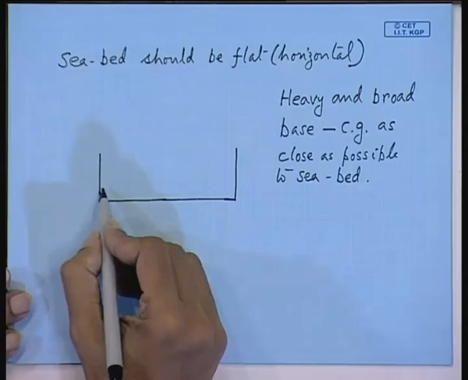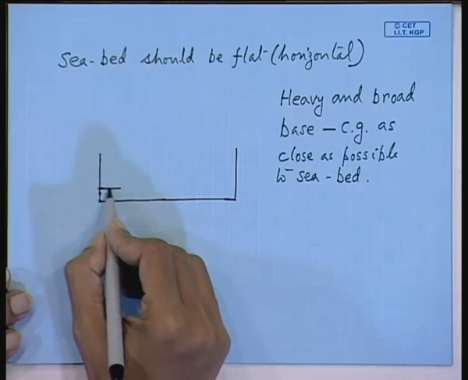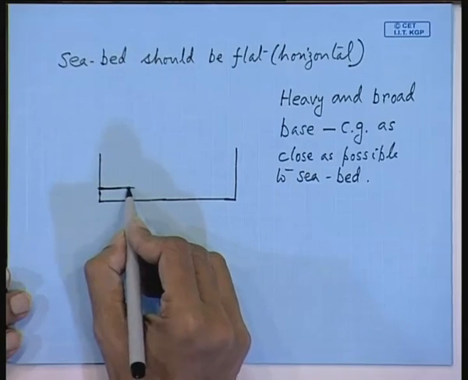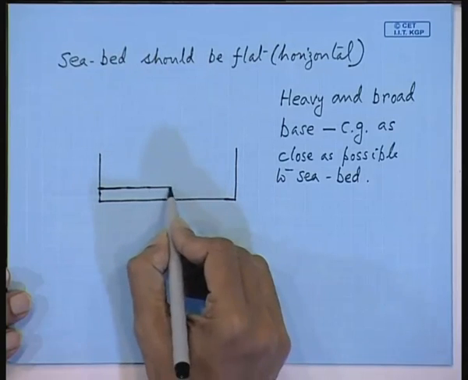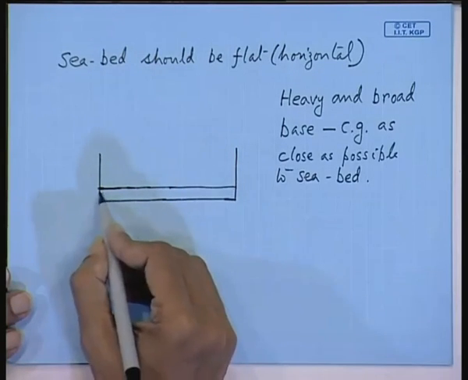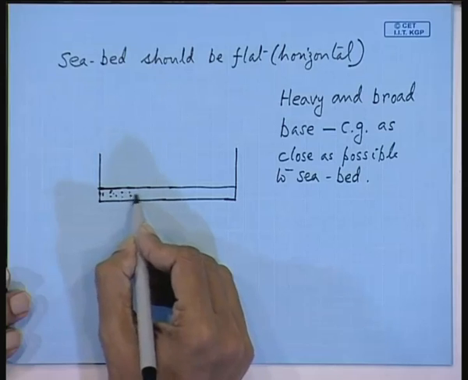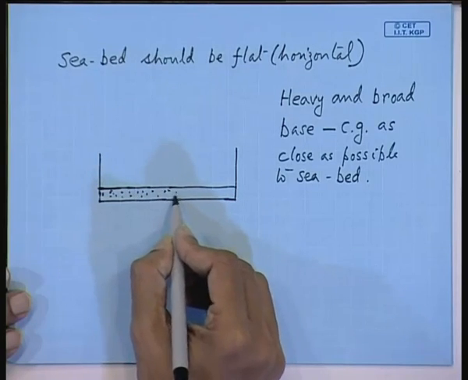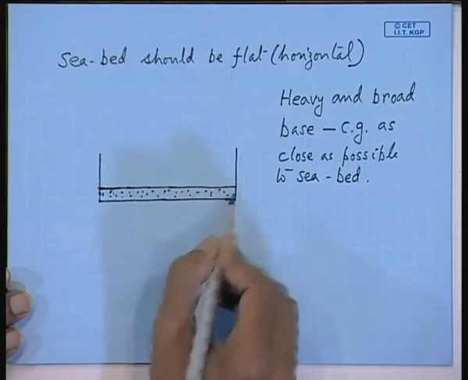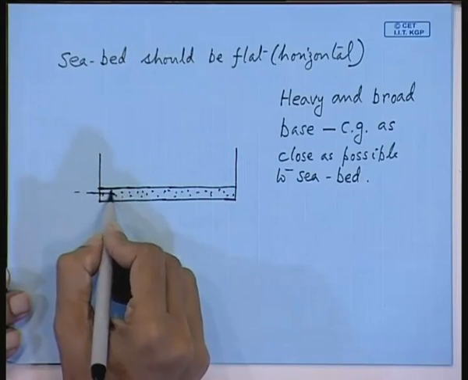That is why in these structures you will find the base to be say 2 to 5 meters deep, and this is grouted with concrete. So, this is the concrete base.